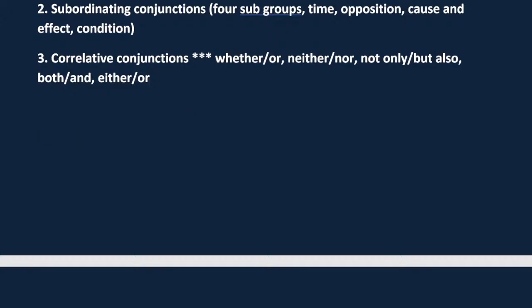Now, here's an important question, because I think even people that do learn these and do know these often neglect to use these. Why do we use these, or why do we want to use these in our speaking? So what's the purpose?